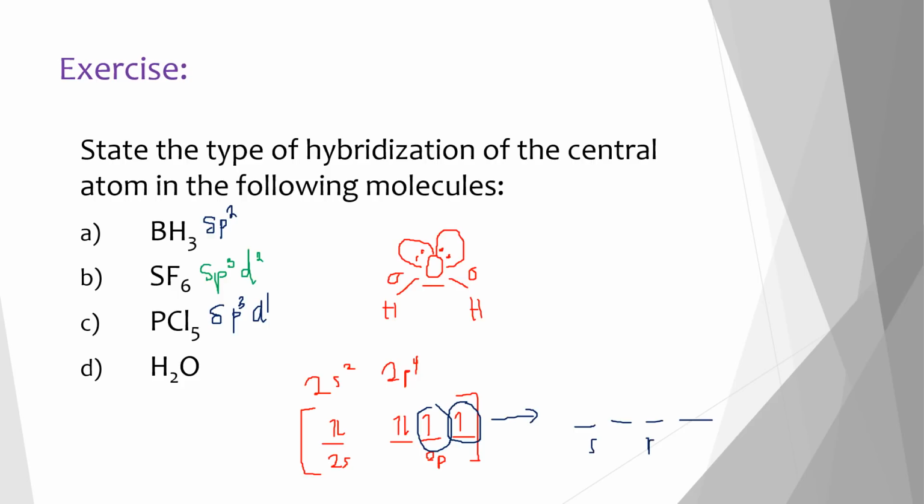So sp. Right now, as you can see, the hybridized state of water is sp3. But as you can see from the hybridized orbitals, you have two lone pairs. This is because oxygen has two lone pairs.